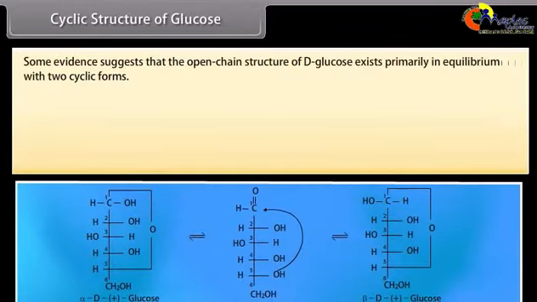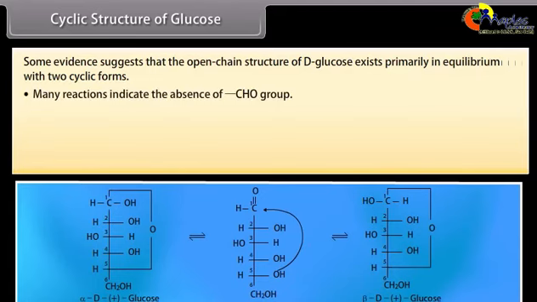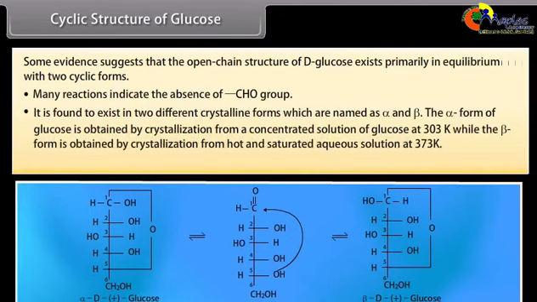Cyclic structure of glucose. Some evidence suggests that the open chain structure of D-glucose exists primarily in equilibrium with two cyclic forms. Many reactions indicate the absence of the CHO group. It is found to exist in two different crystalline forms, which are named alpha and beta.